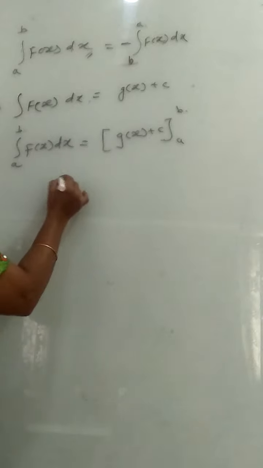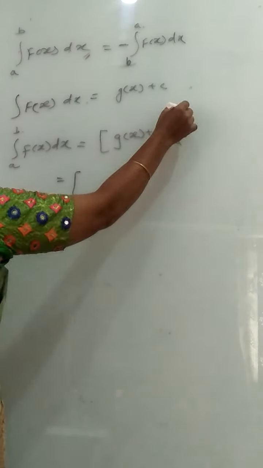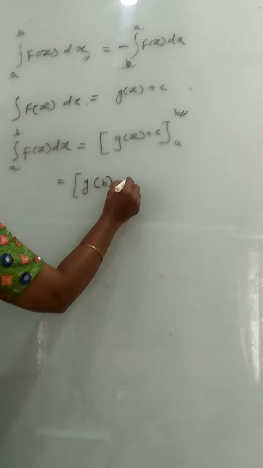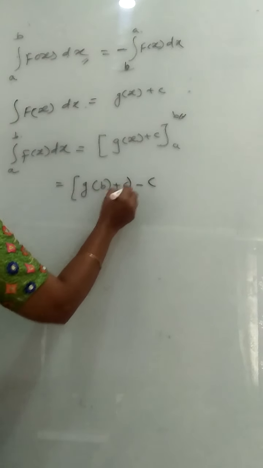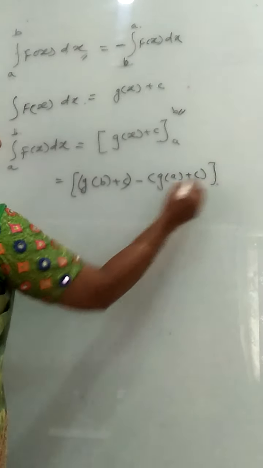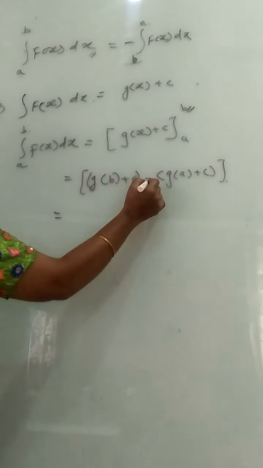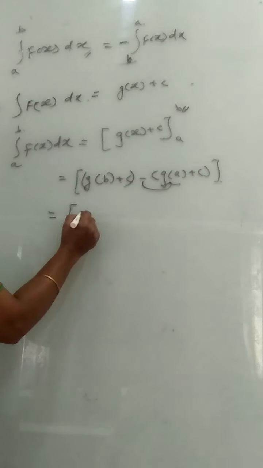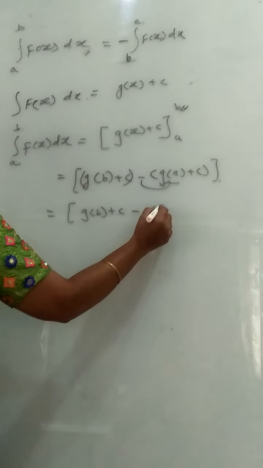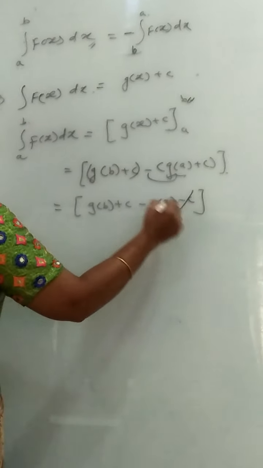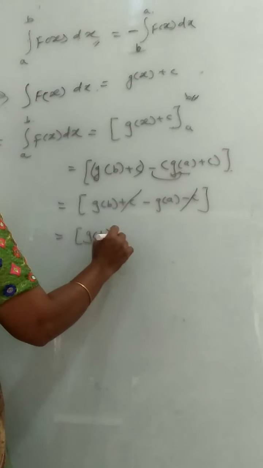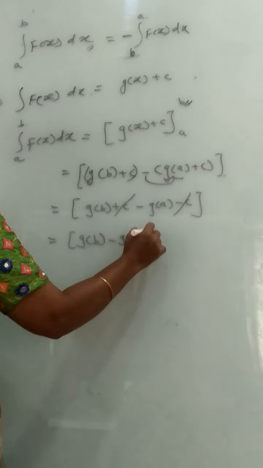Substitute this limit, first we substitute upper limit, then g of b plus c minus g of a plus c. The minus applies on the second limit, then g of b plus c minus g of a minus c. Minus c plus c get cancelled, then the term becomes g of b minus g of a.